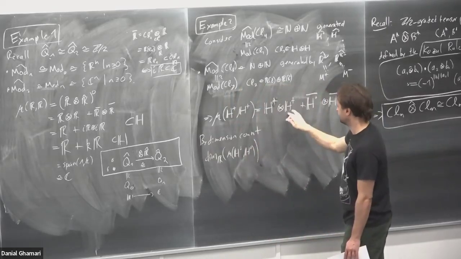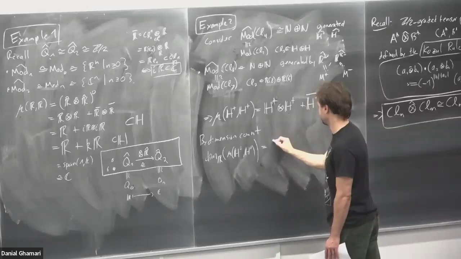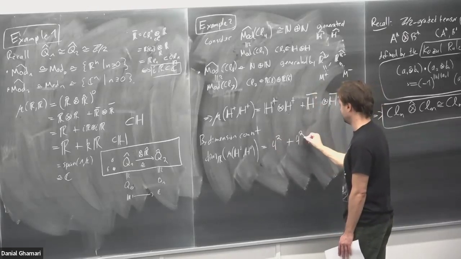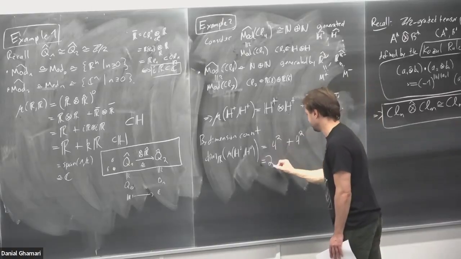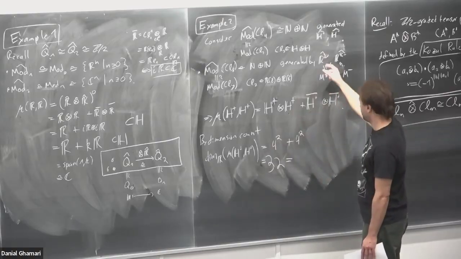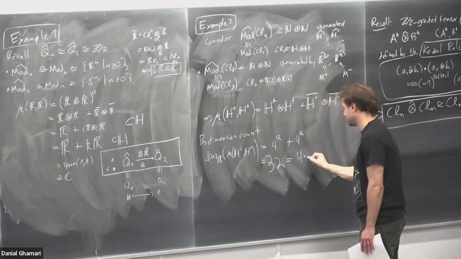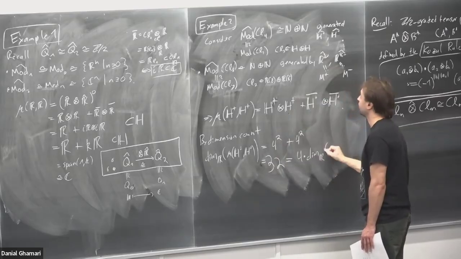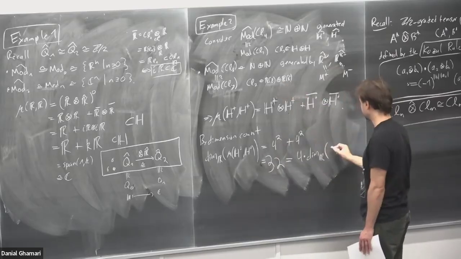So that's 4 squared plus another 4 squared, so that's 32. And this is equal to 4 times the dimension of an irreducible module over this Clifford algebra that we're in.